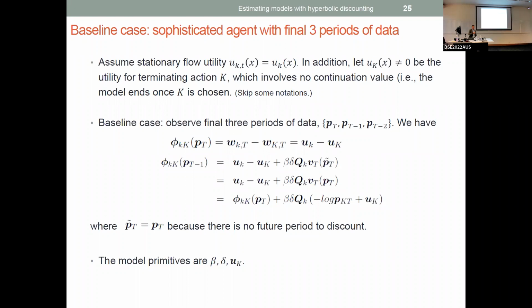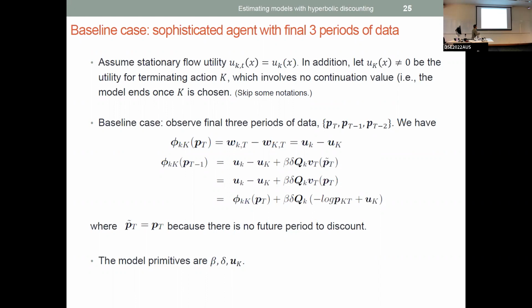They have to be estimated, they have to be identified. But once you choose big K, the model ends. There's no further value function iteration. There's no continuation value involved after you choose the terminating action big K.